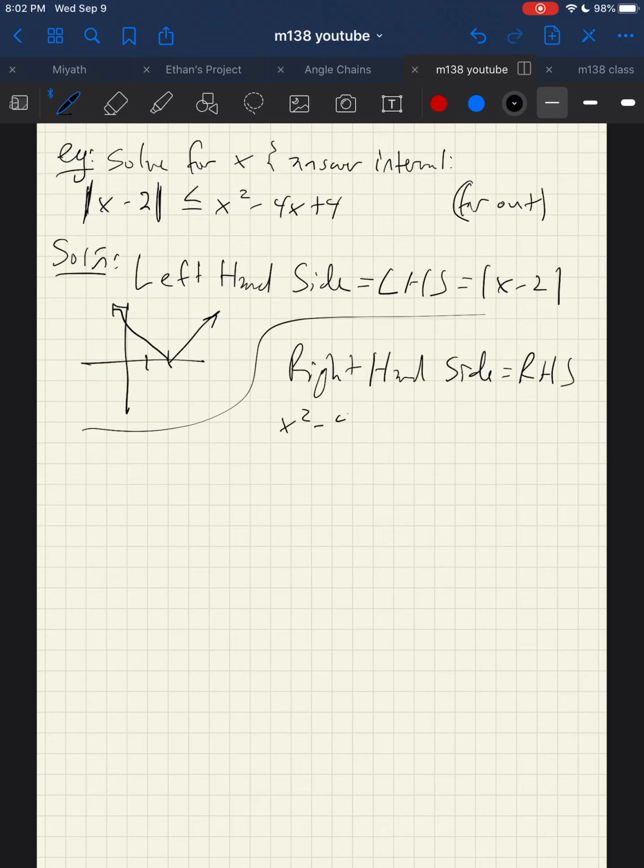And I notice that x squared minus 4x plus 4 factors into x minus 2 quantity squared. Now, if it's not obvious to you that this factors like this, I need you to practice factoring. You don't have to see it immediately, but you should practice enough that when you see this, you can think for a few seconds and say, hey, I bet this is factorable.